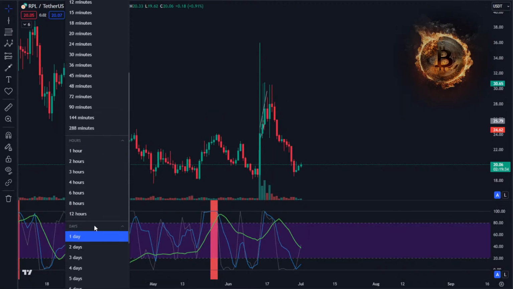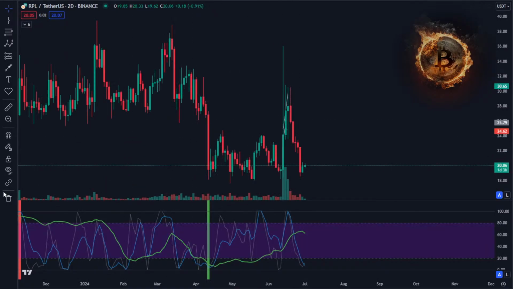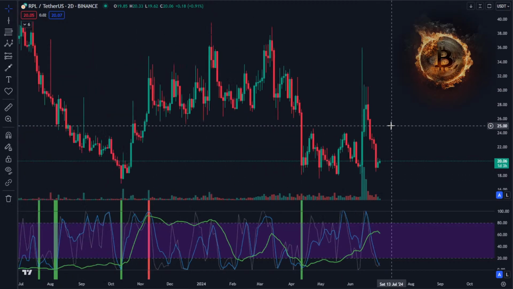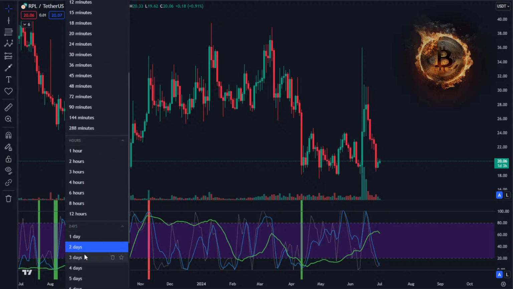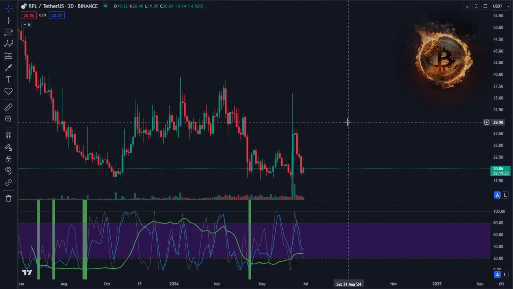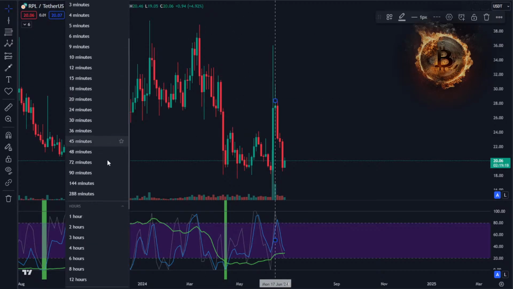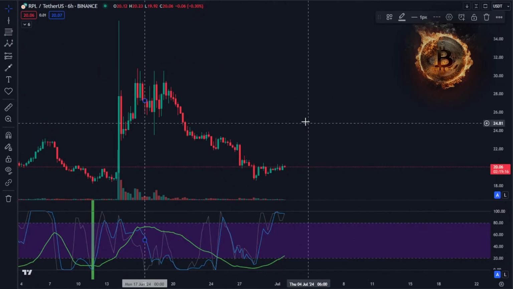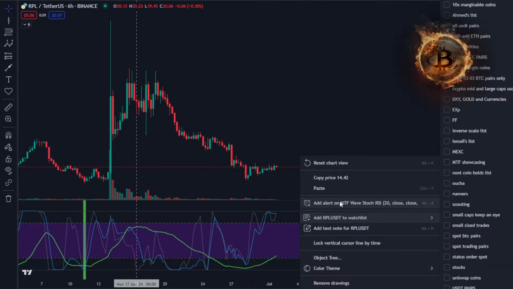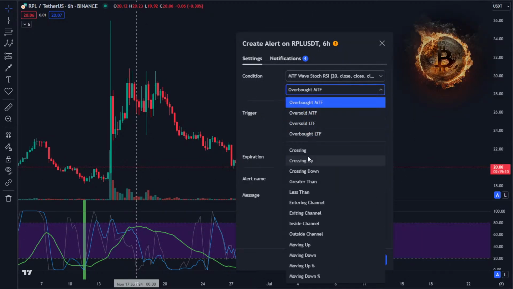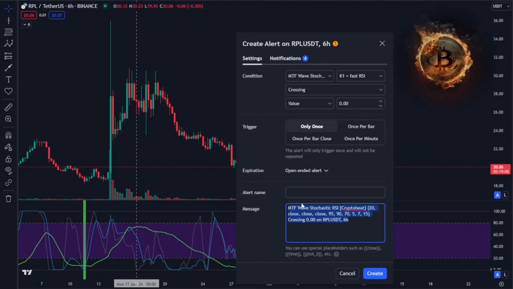This is probably going to be looking better on the 3-day, and from there we can mark the last wave down and then zoom in on the 6-hour and set ourselves an alert here: crossing 20, RPL possible long, 6-hour, 3-day tap down.